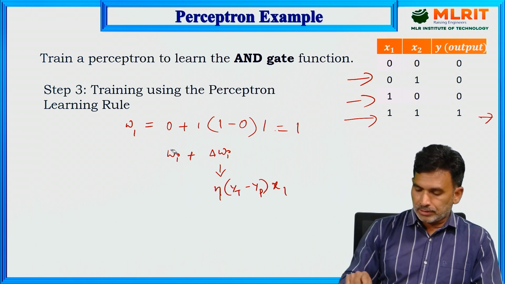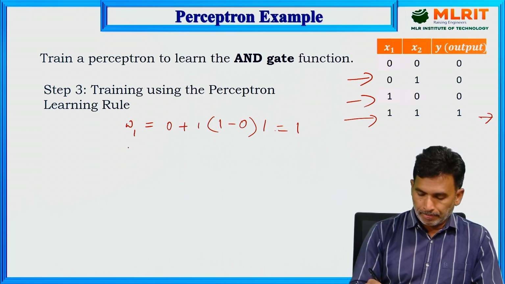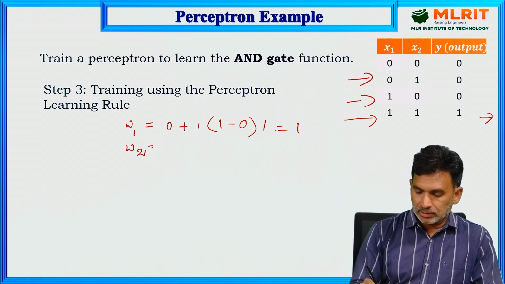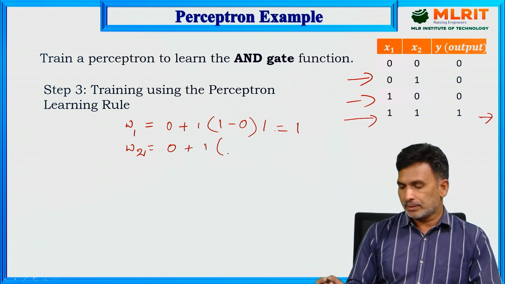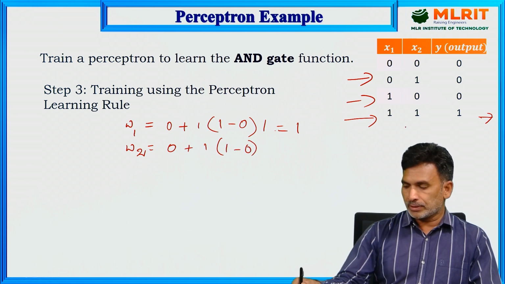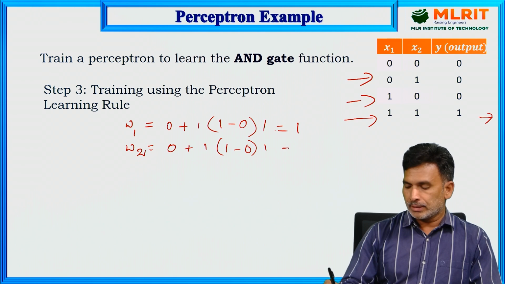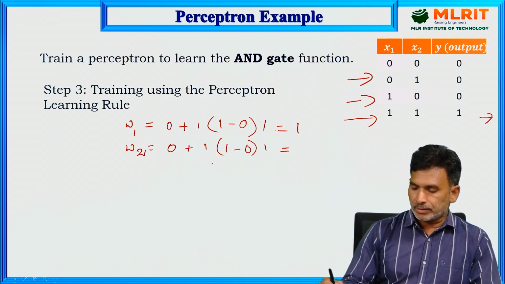Next, similarly, w2 equals the previous w2 plus the learning rate 1 times the y actual value 1 minus the predicted value 0 times x2, that is 1. So this is again equal to 1.